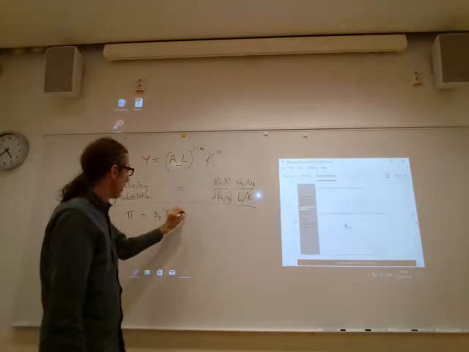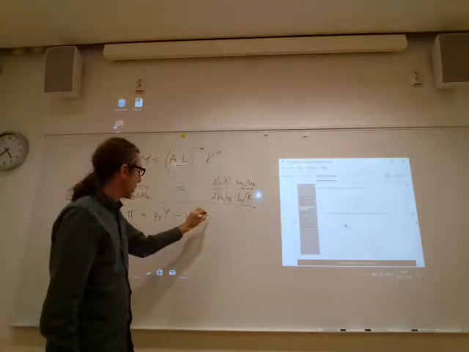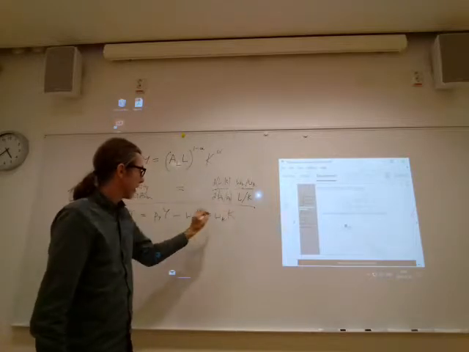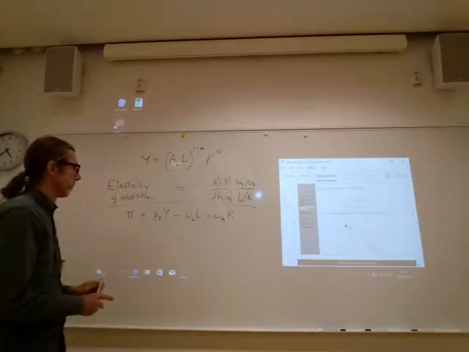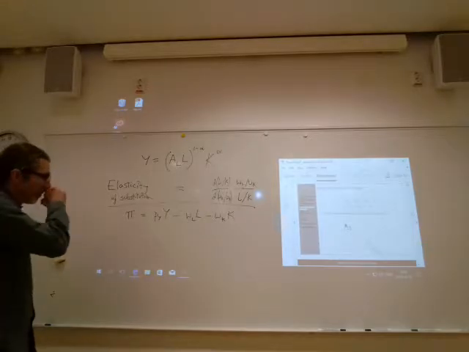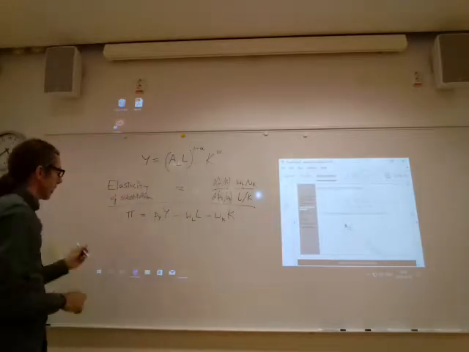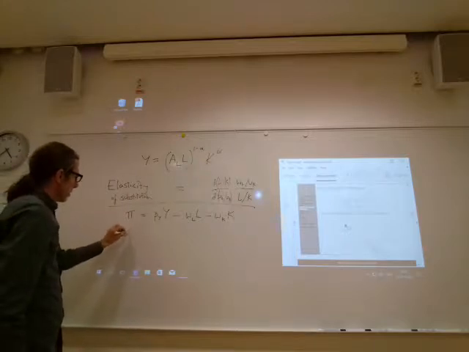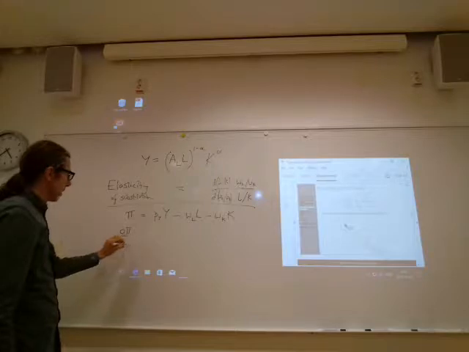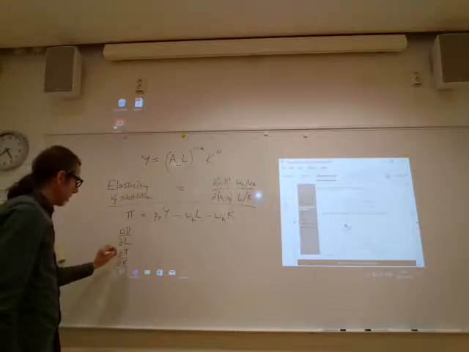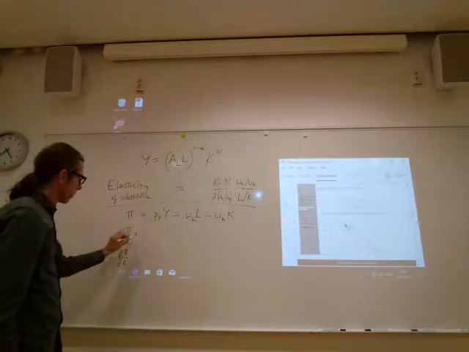And then minus the costs of buying or hiring the inputs, hiring labor and capital. Okay. And Y is just this, isn't it? So then we take the first order conditions in L and K to derive the following expressions.